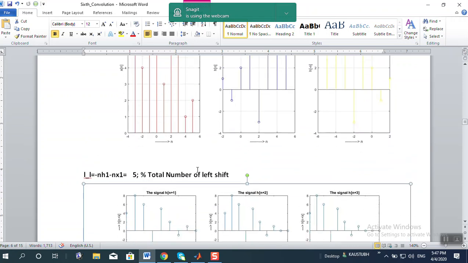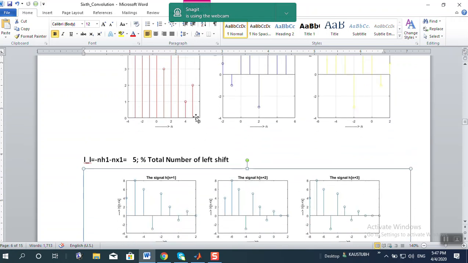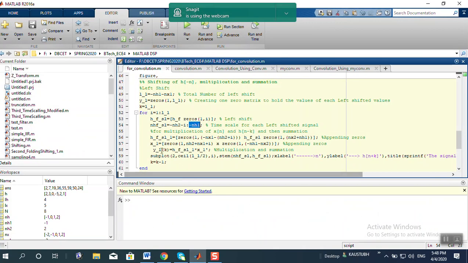So the sample at 5 will be multiplied with the sample at 5 here, but here there is no sample at 5, so we have to equalize it by putting zeros, as we already did in signal arithmetic in the previous program. That part is done here exactly as in the previous program.